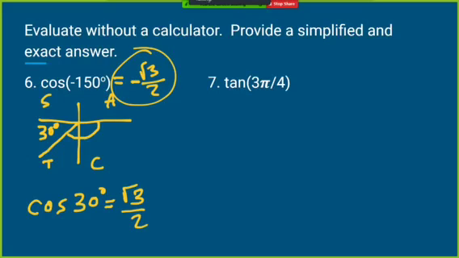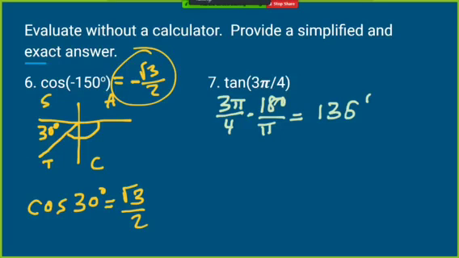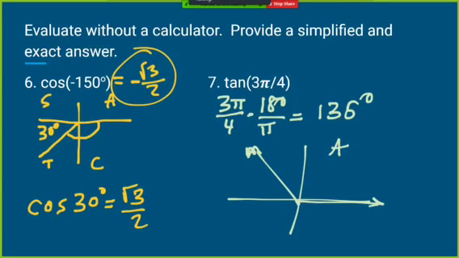For the tangent of 3 pi over 4, 3 pi over 4 is equivalent to 3/4 of 180, so that's 135 degrees. 135 degrees is an angle in quadrant 2, so ASTC says it's in quadrant 2, and since only sine is positive in quadrant 2, tangent's going to be negative.